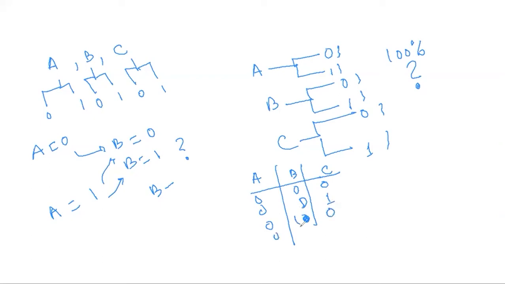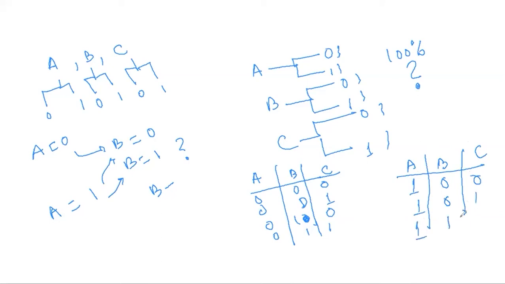So all the 8 combinations you would get. Similarly for A equal to 1, B and C go through 0 0, 0 1, 1 0, then 1 1. So these 8 combinations you have to hit in this case. So that is the cross coverage.